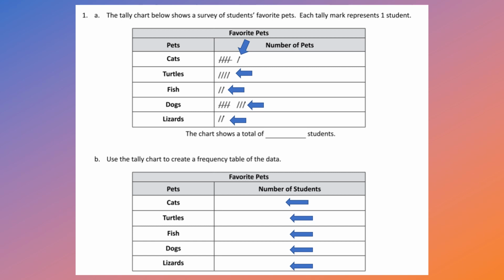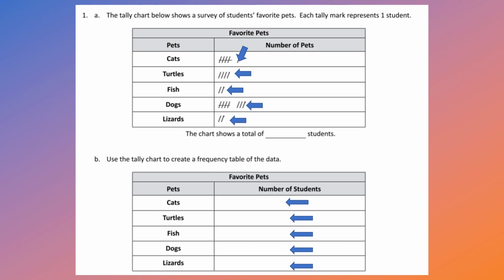So we'll start with cats. That's 6 tally marks. Then turtles, 4. So 6 plus 4, that's 10, right? And then fish, 2 more tally marks. 10 plus 2 is 12. Then dogs, that's 8 tally marks.